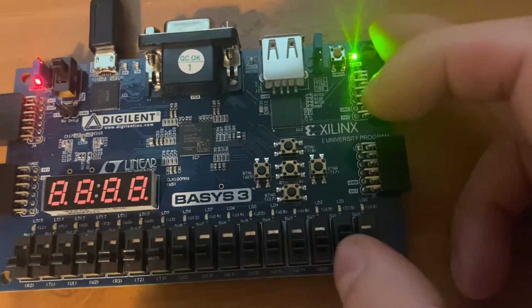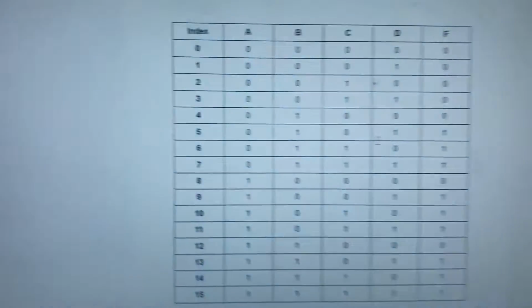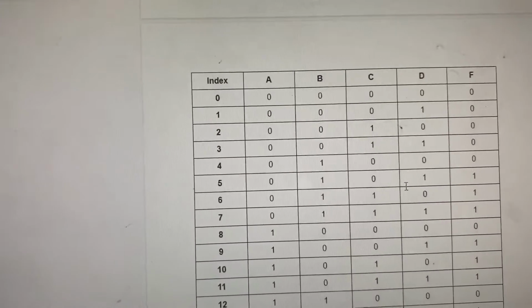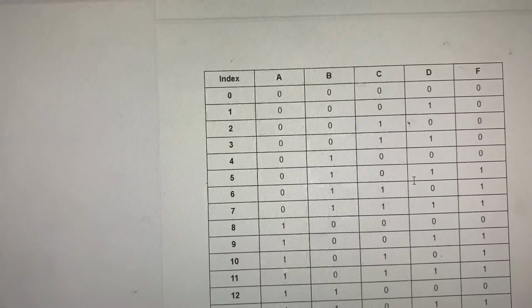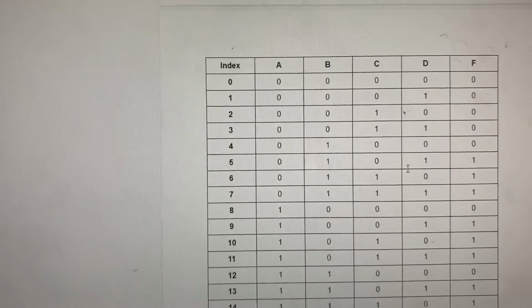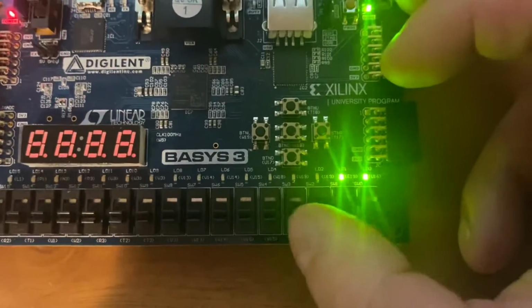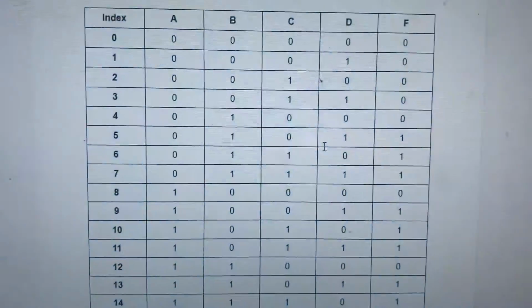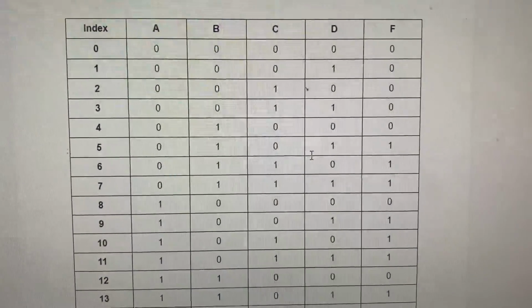D down, B up, yes it does, good. We just went through index 6, 0, 1, 1, 0, and now let's go through index 7, 0, 1, 1, 1, meaning that all of them except A are on. Flip this one up, and they're still going to be on.